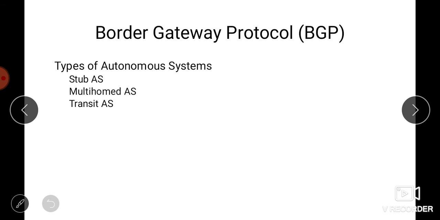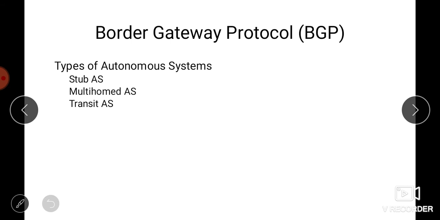Next we have BGP. BGP is nothing but the implementation of the path vector routing algorithm. In BGP we will study the types of autonomous systems. The internet is basically divided into hierarchical domains known as autonomous systems.